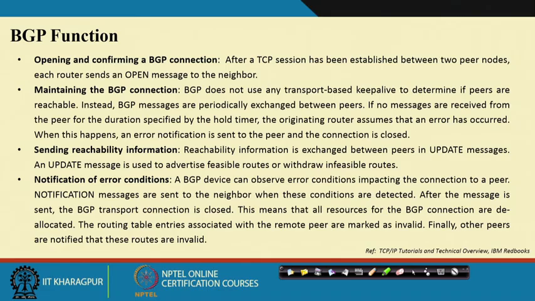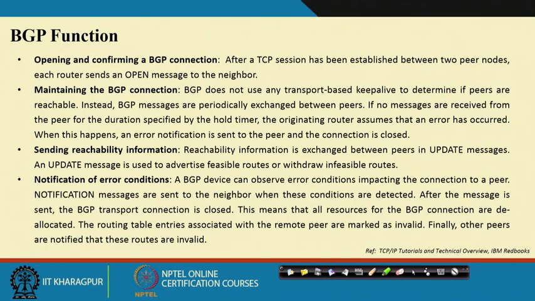As we have seen, reachability information is primarily the routing information. If there is a change or update in the reachability information, it is exchanged between the peers in the update message. The update message is used to advertise feasible routes or withdraw infeasible routes. So, both advertising the possible feasible routes and withdrawing infeasible routes.